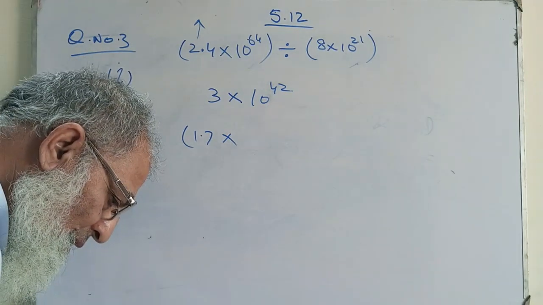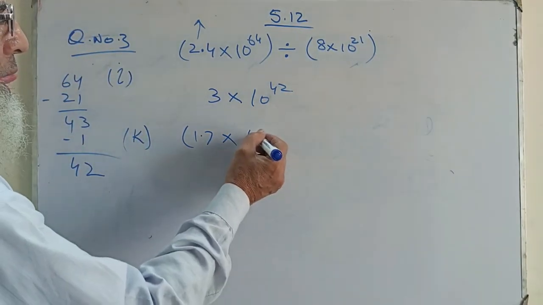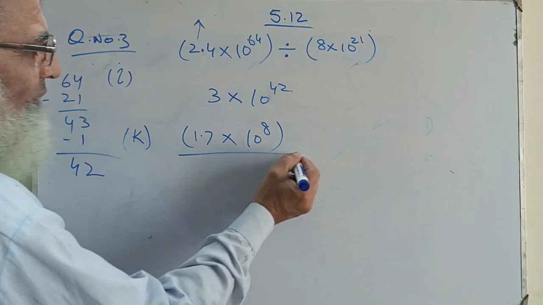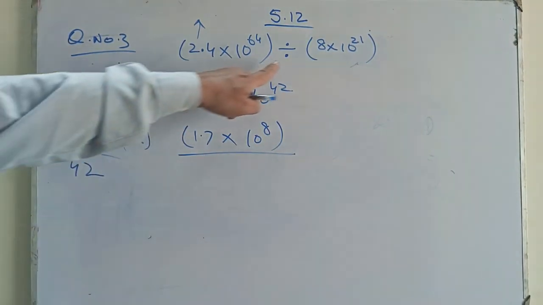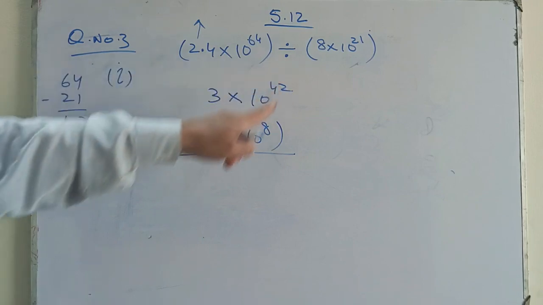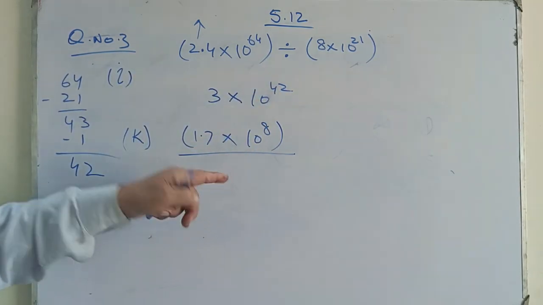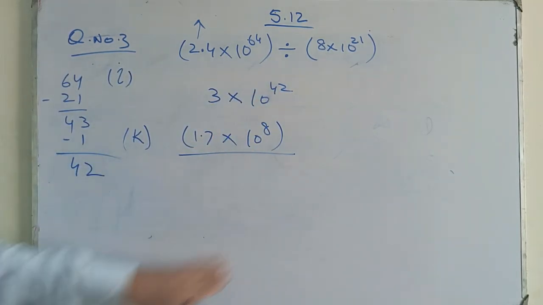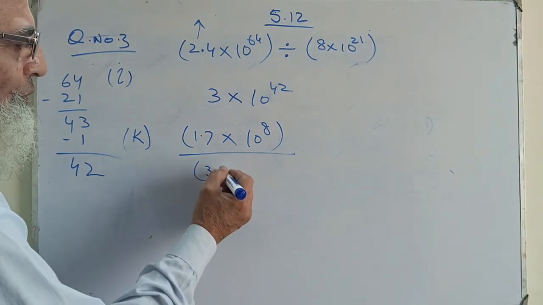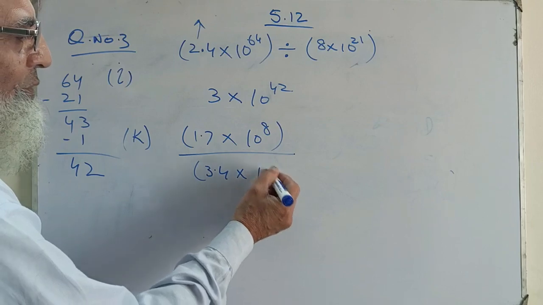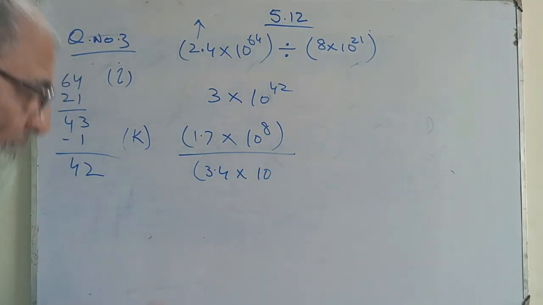It is 8, and it is divided by, so you see that it is given in division form. Instead of using a sign, they have divided it directly. It is 3.4 multiplied by 10 raised to power 5.